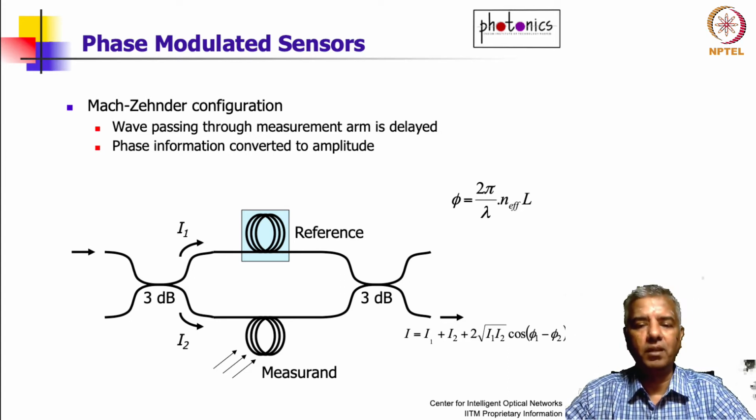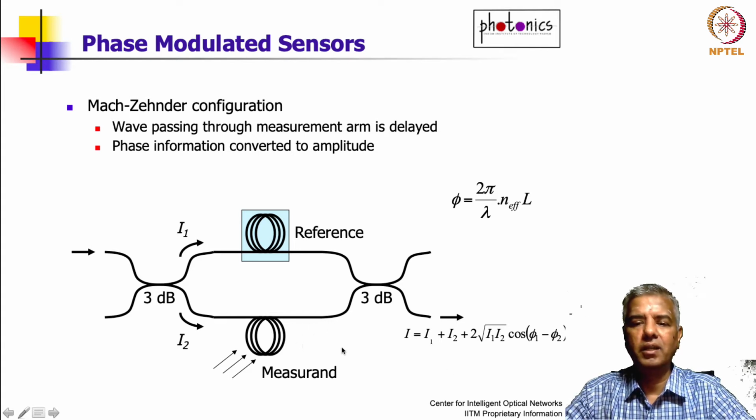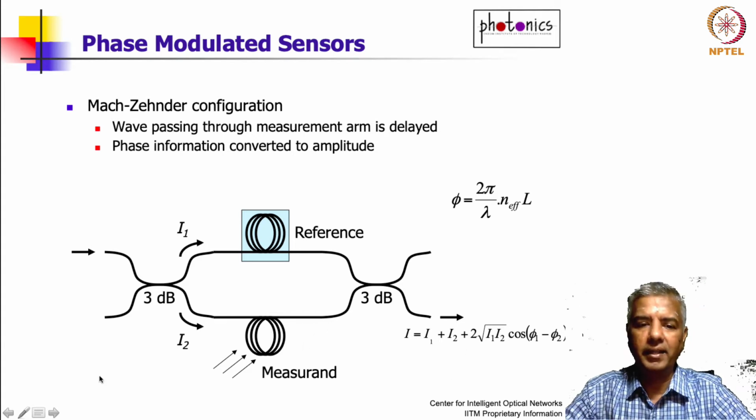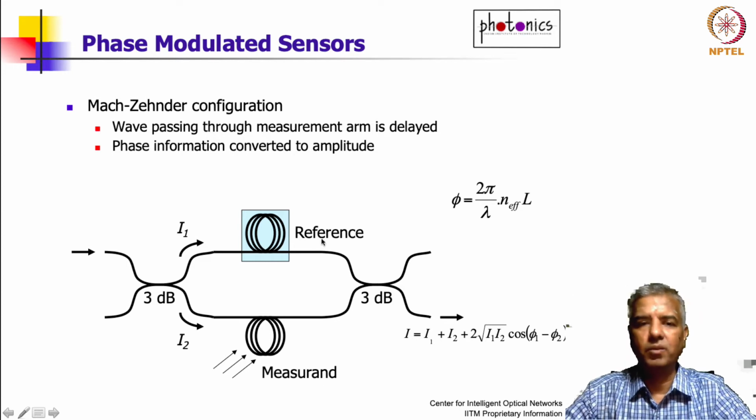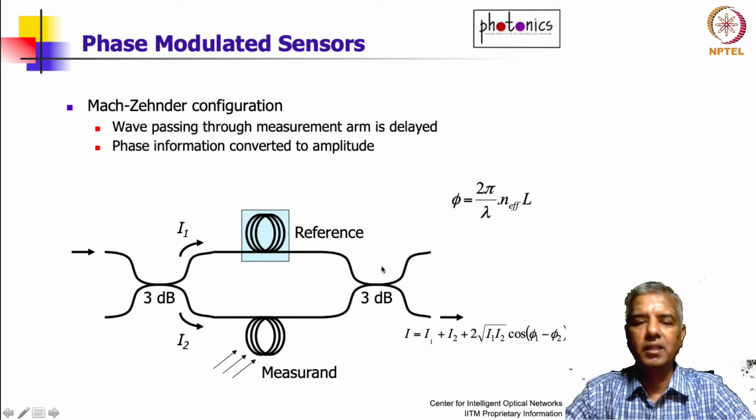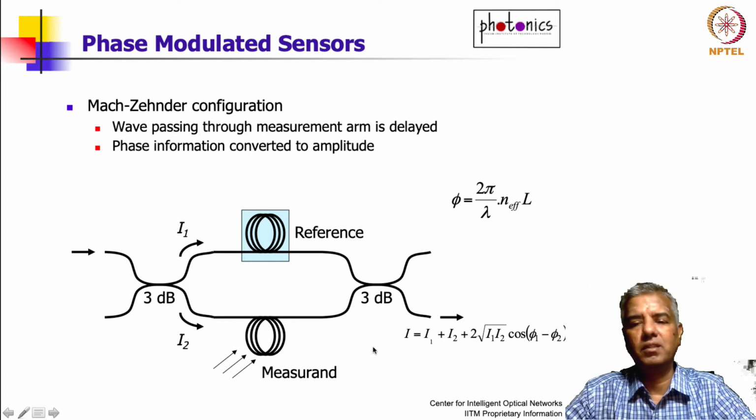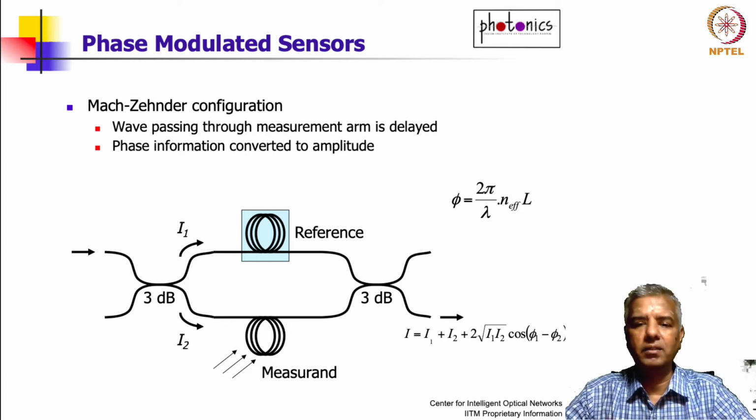All it can pick up is changes in intensity. So what you need to do is convert any phase change here into a corresponding intensity change, and that's why this entire setup, called a Mach-Zehnder configuration, is very important. It's essentially an interferometer. So what does an interferometer do? It converts phase changes into intensity changes so that you can pick them up with regular optical receivers.